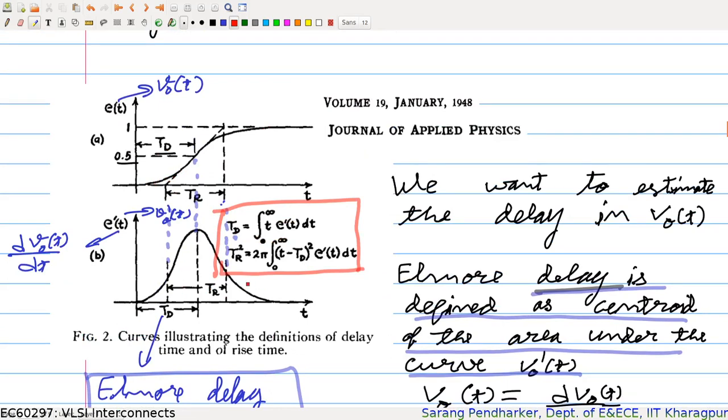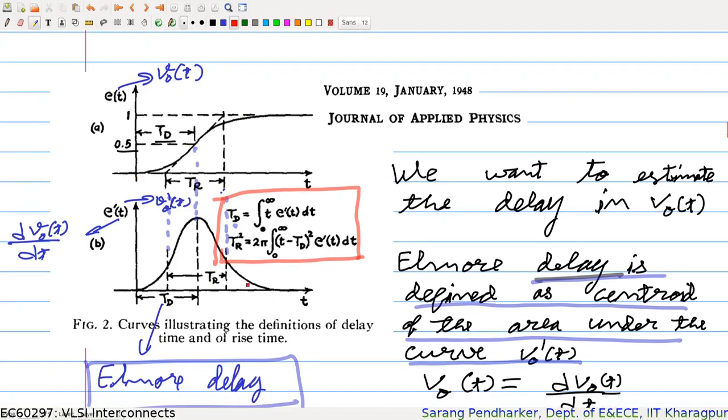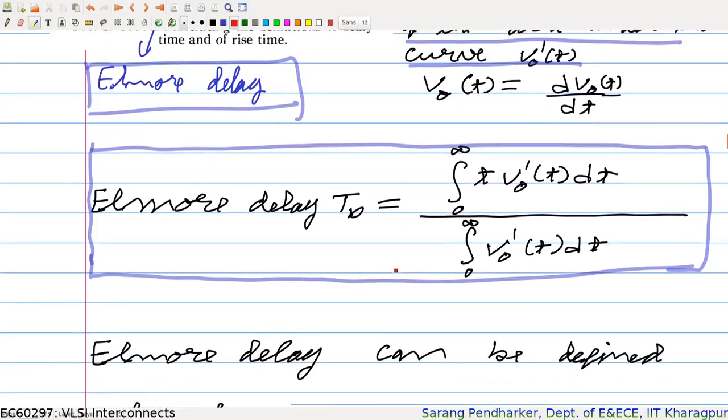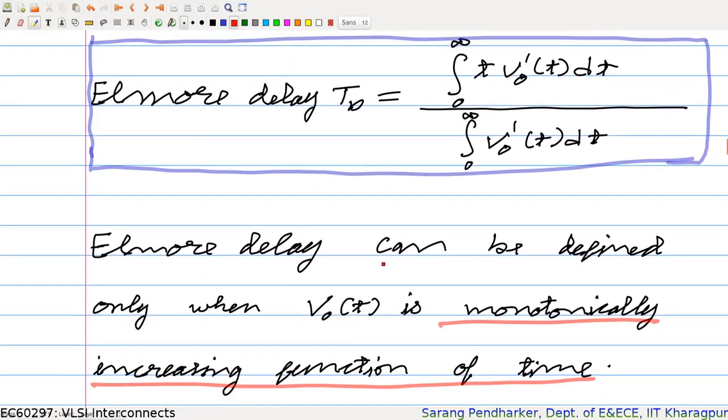So this is completely positive, but if this was not monotonically increasing, its derivative would have a negative term. And then if you are finding an area and solving an integral like this, there would be some term which becomes negative, and for that this estimate is inaccurate. So if you want to use this Elmore delay as it is, then we need to first ensure that you have a monotonically increasing function of time.